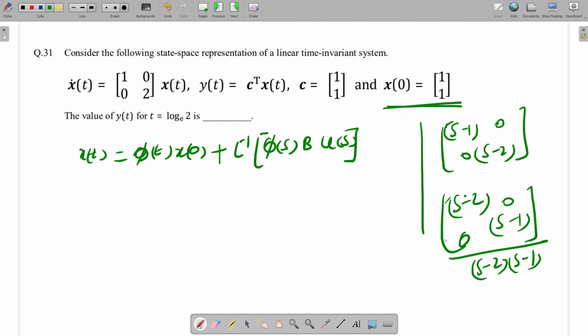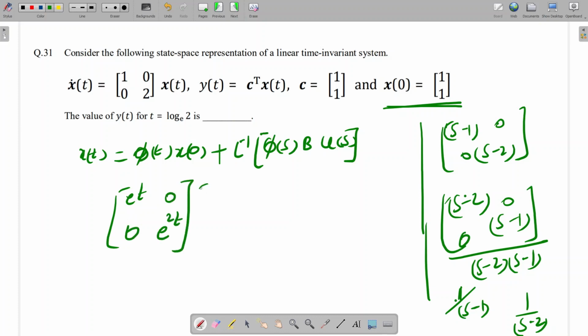So it will be 1 divided by s minus 1 and 1 divided by s minus 2. So e to the power t, e to the power 2t, 0, 0, and x0 will be 1 comma 1. Is it clear? This is the first term.